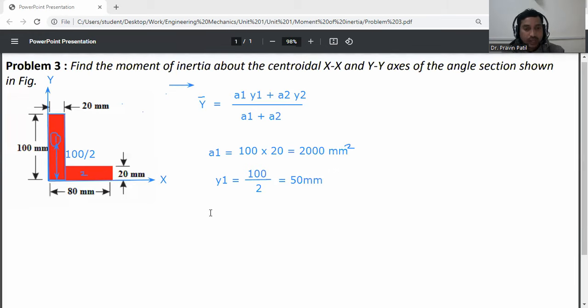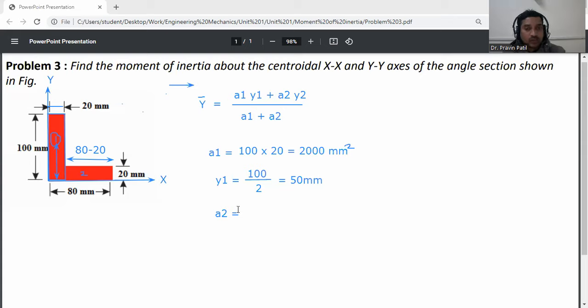Then the second one is a2. So this distance must be known. This is the second rectangle part. How much is its width? It is the total 80 minus this 20. So total distance is 80, and this distance is 20. 80 minus 20 will be this distance.